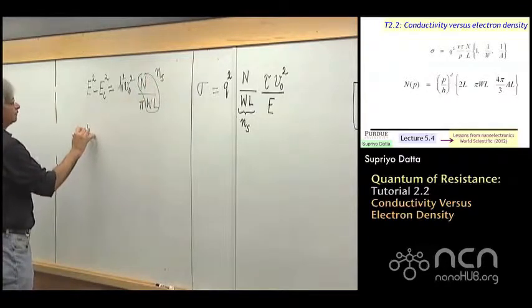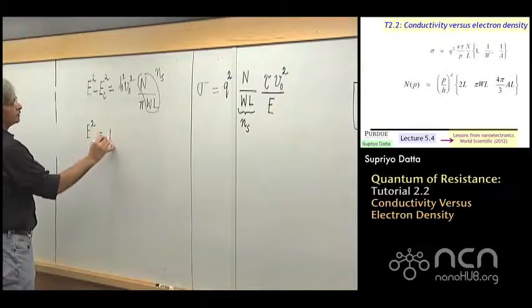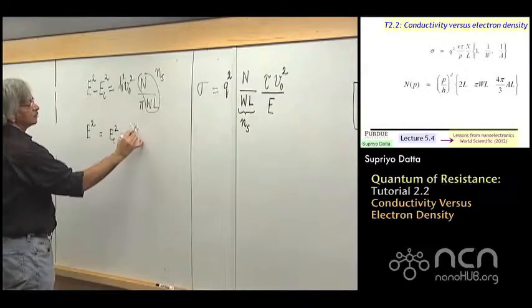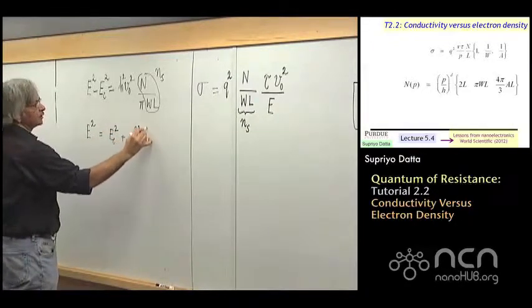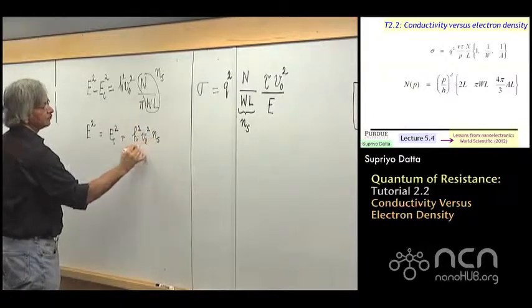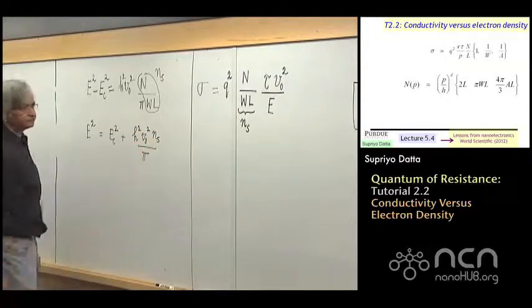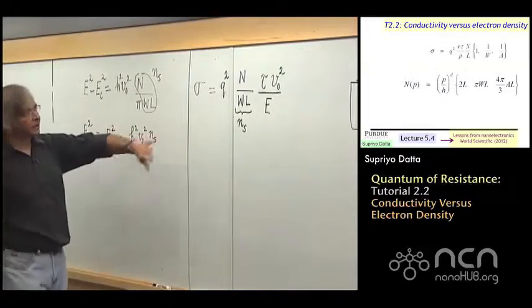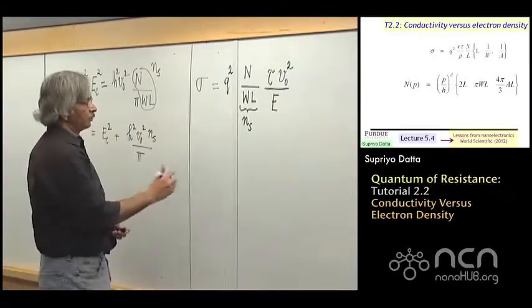So E square is equal to EC square plus H square V0 square Ns over pi. That's it.